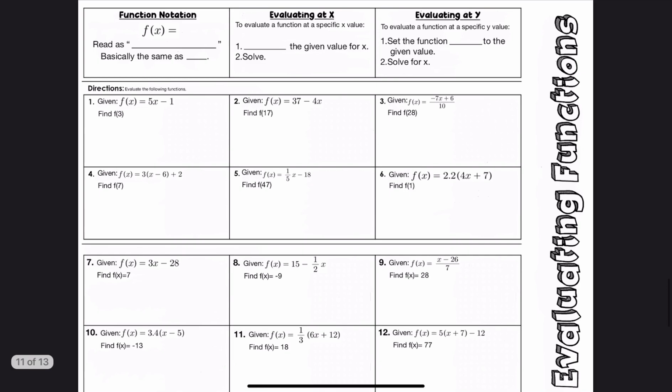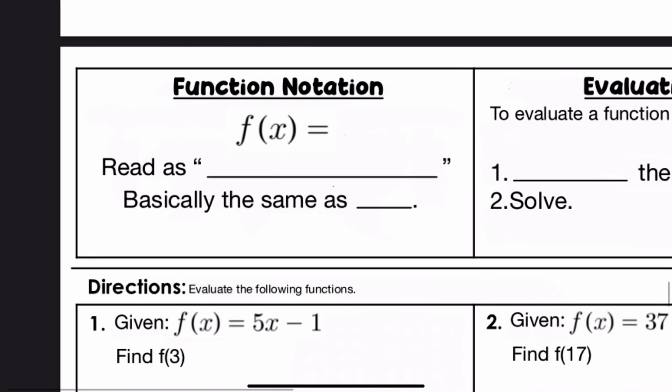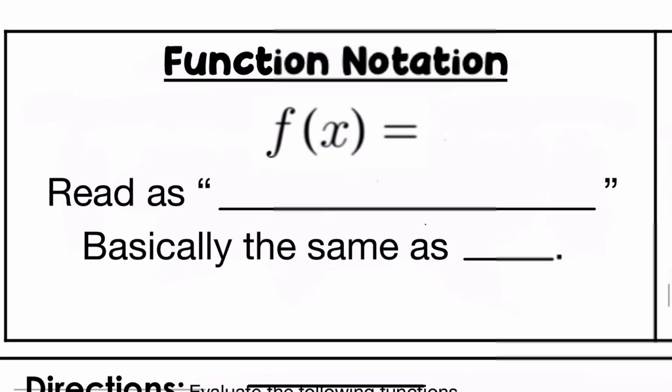They look like this. So let's start at the very top with function notation. This is going to be read as f of x. Oh gracious, Miss Fields, learn how to write. F of x. There we go. That's what that says: f of x equals.